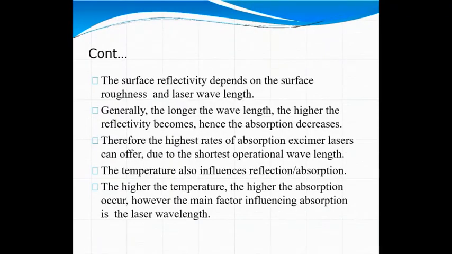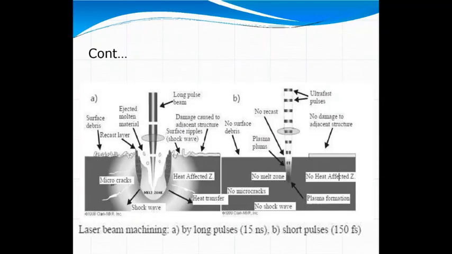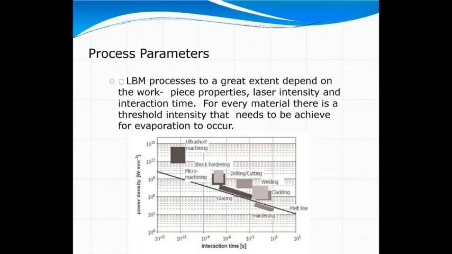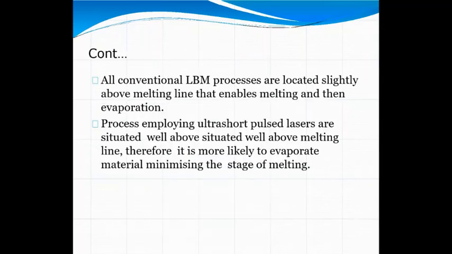Actually, this is the basic principle we are utilizing in laser operations. In the laser beam machining process, the conventional laser beam processes are located slightly above the melting point.